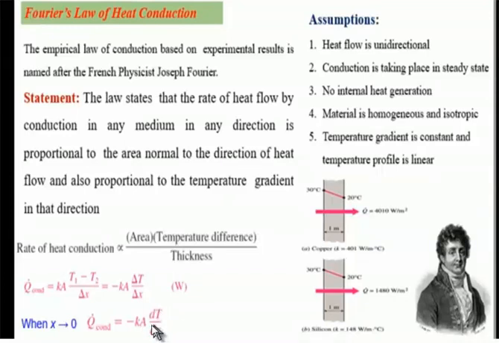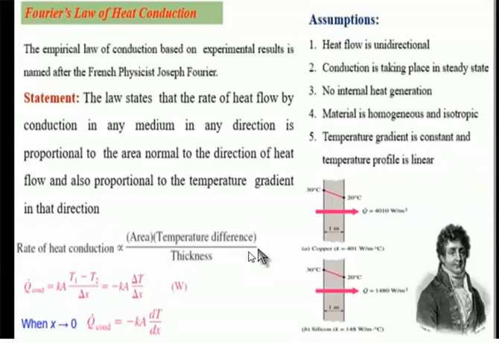You can add this statement with the thickness, or you can leave it. So you can write that the rate of heat flow is directly proportional to the area normal to the direction of heat flow, and also proportional to the temperature gradient in that direction, or temperature differences in that direction. Okay, so you can state that. That is the statement of Fourier law of heat conduction.